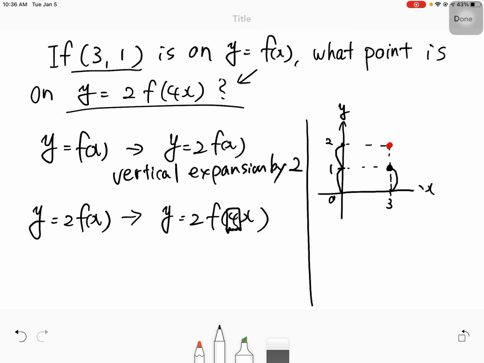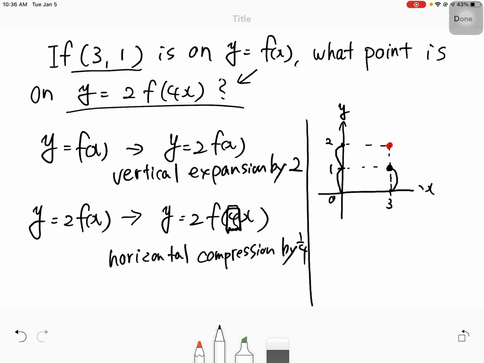And if this value is bigger than 1, this means horizontal compression by a factor of 1/4. It's going to be the reciprocal of this number in front of x.